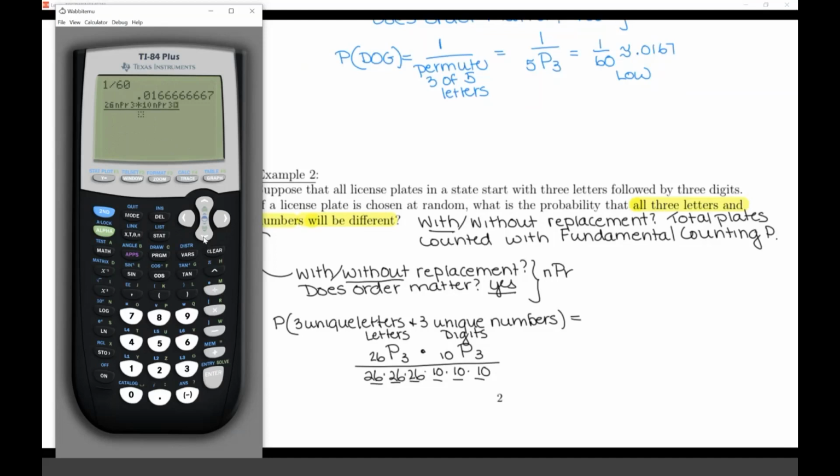That's the unique letters and unique numbers, no repetitions. And down here, I have 26 times itself 3 times. That's 26 cubed times 10 cubed. Everybody's okay with the exponents here? The exponents just handle the repeated multiplication.